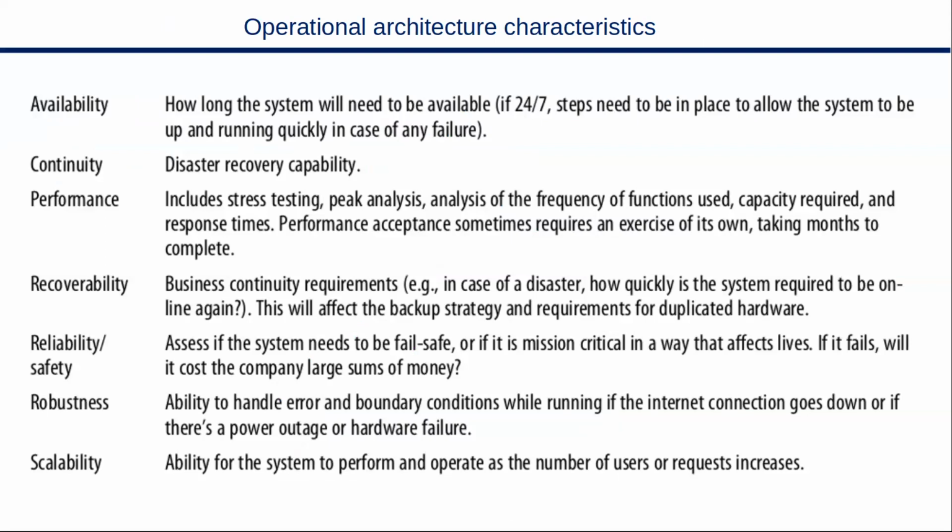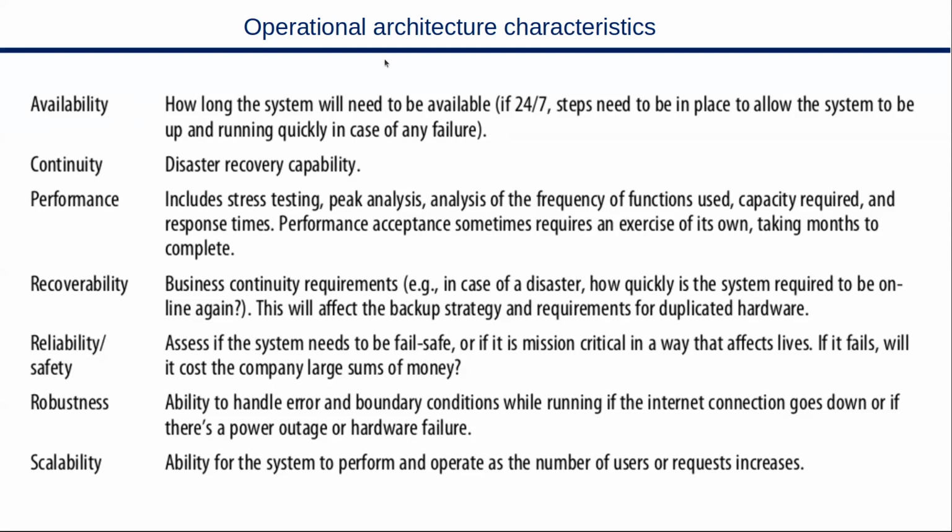Then we will take a look at examples of structural architecture characteristics. Here are some of them: availability, continuity, performance, recoverability, reliability, robustness, scalability. These are examples of operational architecture characteristics or operational quality attributes.